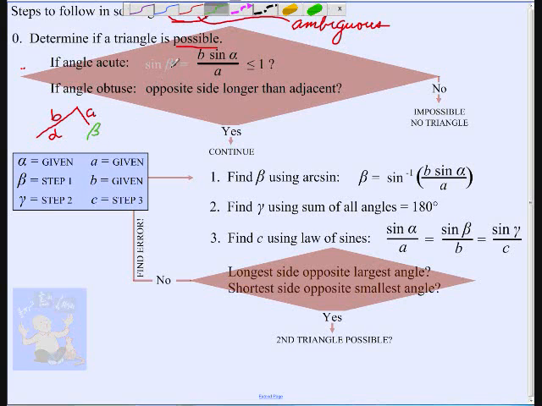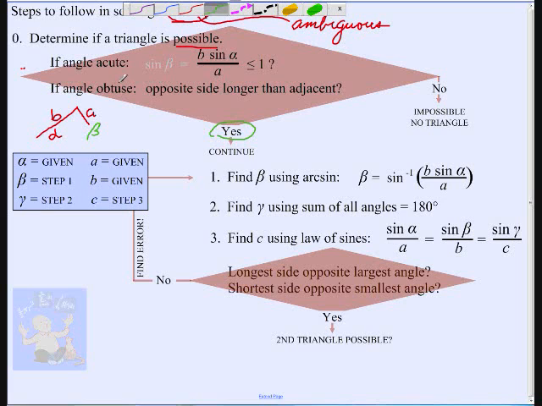If the sine of beta is less than or equal to 1, we're going to answer yes and go this way. If the sine of beta is greater than 1, and you answer no, well, sine can't be greater than 1, so you say no, this is impossible, we don't have a triangle here.